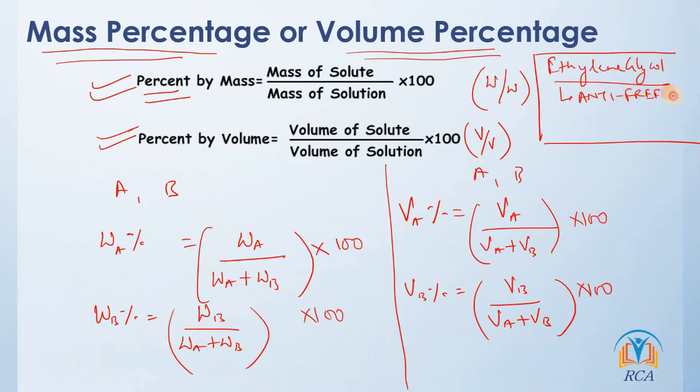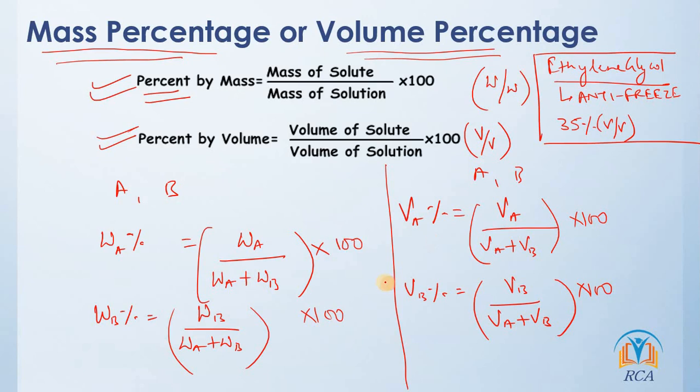This has been used to put into engines in cold countries, and if we have a 35% V by V, volume by volume of ethylene glycol, then that actually starts acting as an antifreeze, right? So what is the concentration of ethylene glycol? It is having a 35% volume by volume concentration in a solution, and that is when ethylene glycol will act as an antifreeze. Just an FYI, just a good to know information. Even if you do not remember the value, it's absolutely fine.